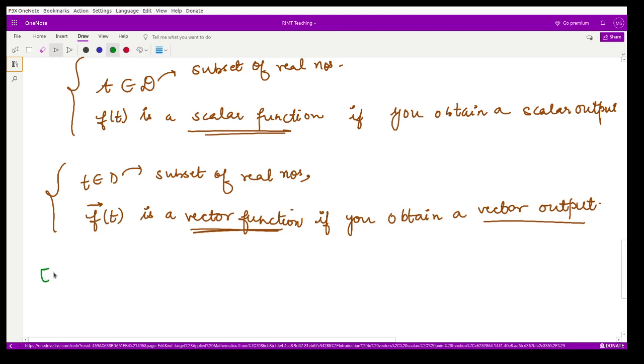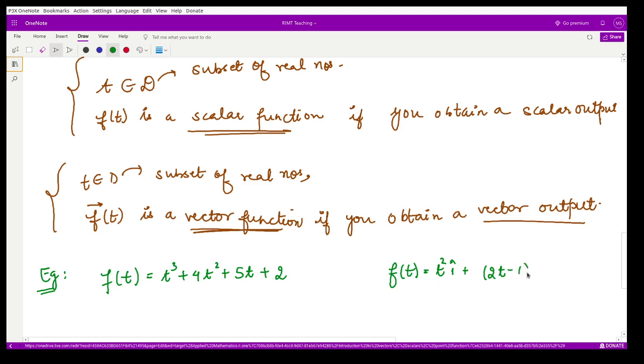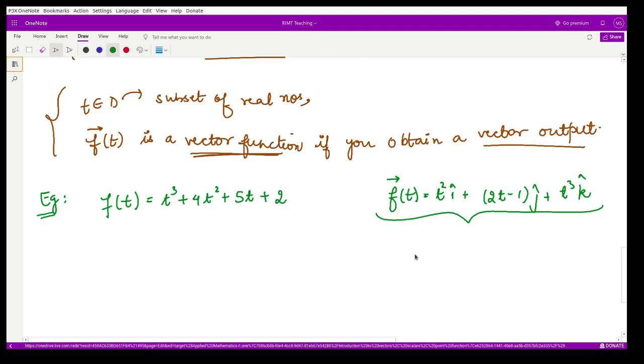For example, suppose you have a function f of t defined to be t cube plus 4t square plus 5t plus 2, and another function f of t defined like this: t square i cap plus 2t minus 1 j cap plus t cube k cap. Now this is a vector function. Why? Because you are inputting t, some real number, and what is the output? Suppose you input t equal to 1.